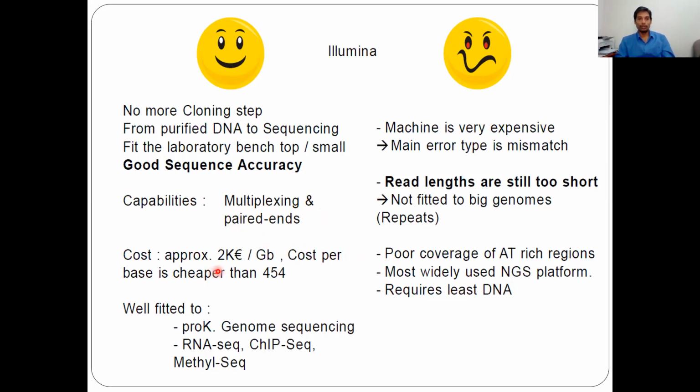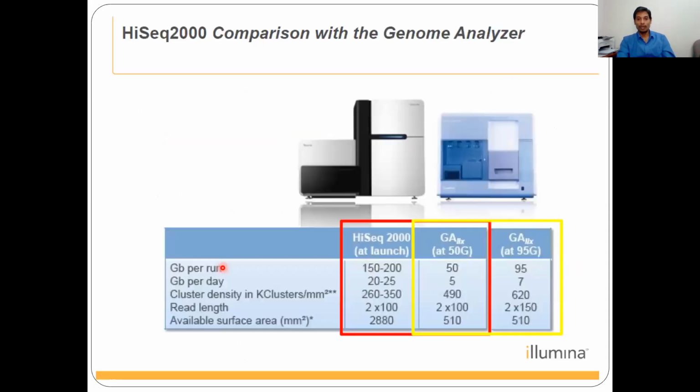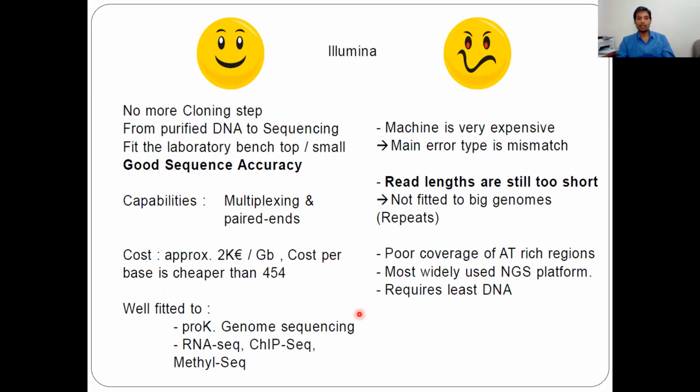The cost is approximately 2000 euros per GB. That is another difference. One of the things which needs to be updated is, first, that you can now go 2 times 300. Another is that the cost has been reduced further.